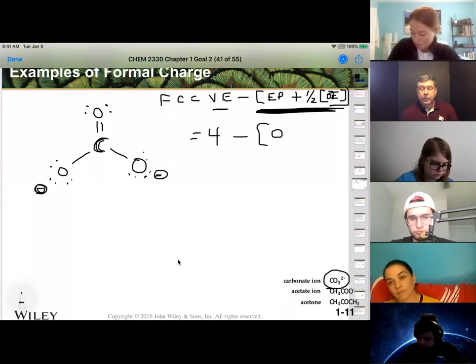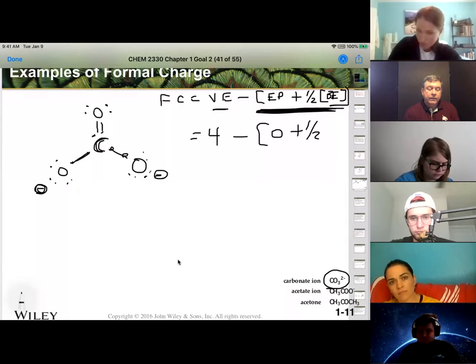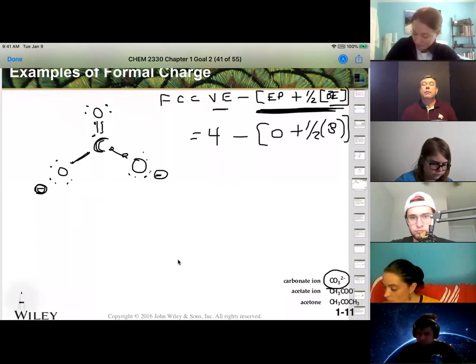Okay. But we have to add 1/2 of our bonding electrons. Now, each of these lines is 2 electrons, so that's 1, 2, 3, 4, 5, 6, 7, 8. It has 8 bonding electrons, so 1/2 of 8 is what we're going to include in our equation. Okay.